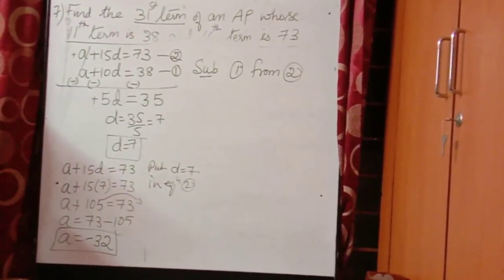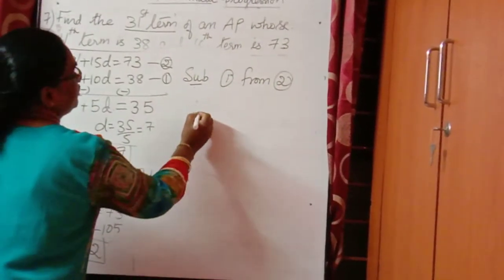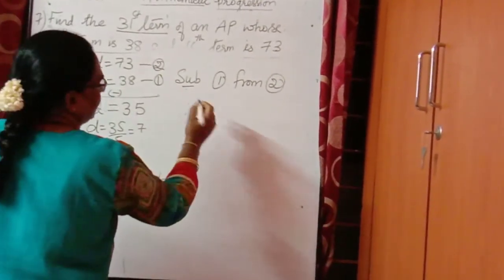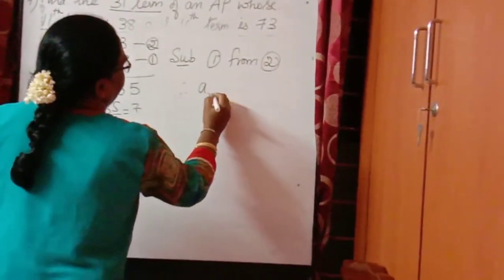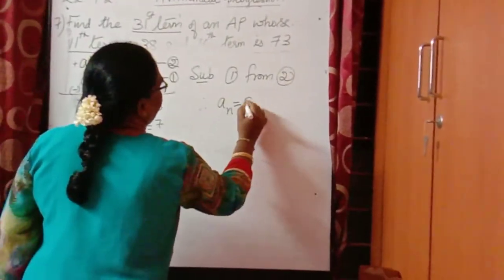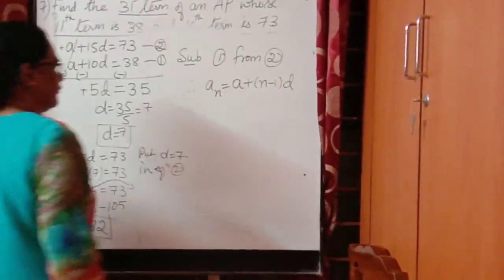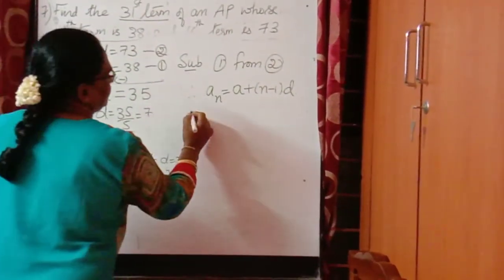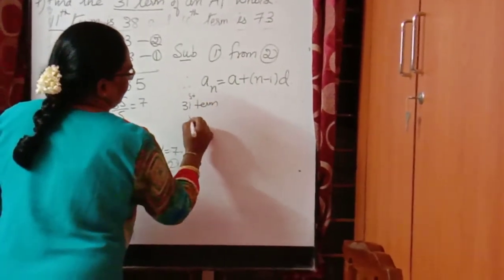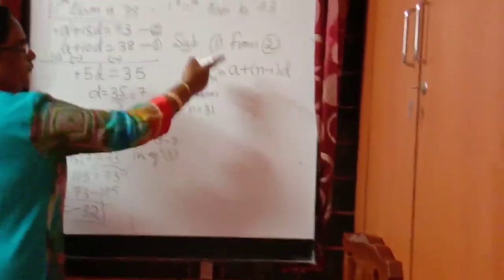Finally, they have asked you to find the 31st term. So you have to put the term formula. An is equal to a plus n minus 1 into d. 31st term means n is equal to 31. You know the value of a, you know the value of n, put it here.